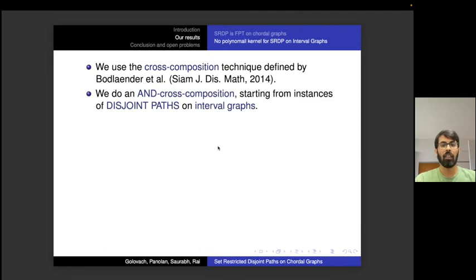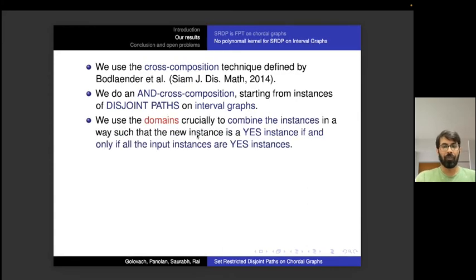So here we start with the disjoint paths problem on interval graphs, which is known to be NP-complete. And we take many instances of that. And we make one instance of SRDP such that the new instance of SRDP is a yes instance if and only if all the input instances of disjoint paths were yes instances.